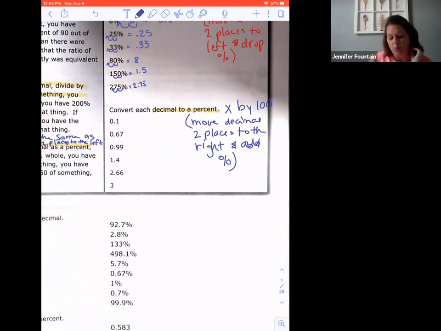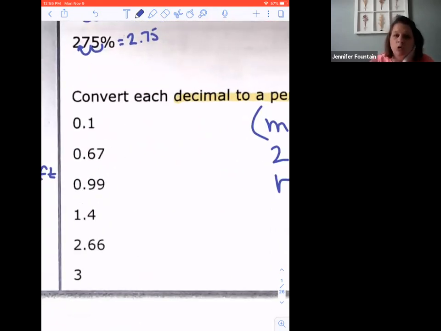So I start out with 0.1. I start where my decimal is, and multiplying by 100 is the same as moving my decimal 2 places to the right. So I would go 1, 2. That's where my decimal needs to move to. I backfill with a 0. So that gives me 10, and then I add my percent sign. So 10%.